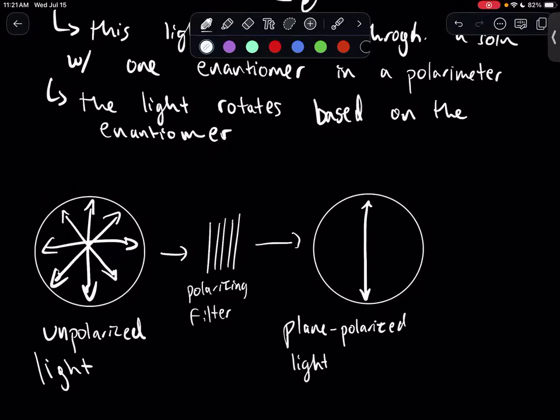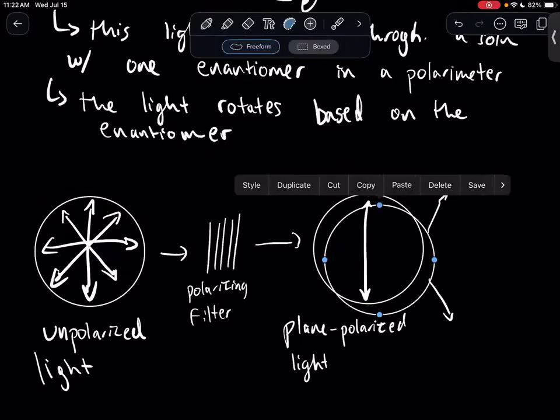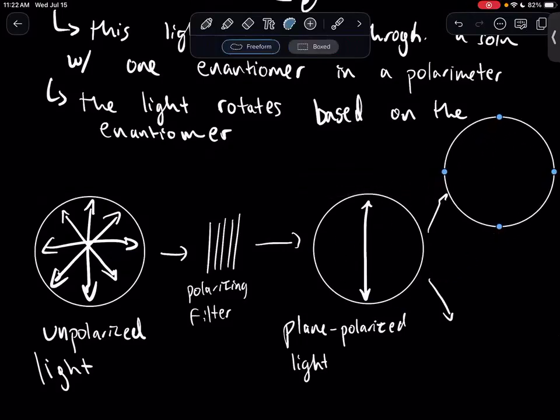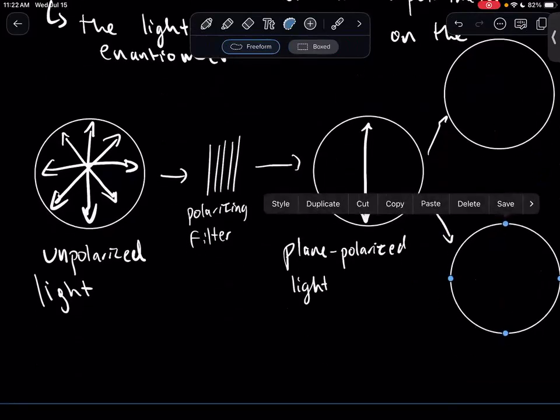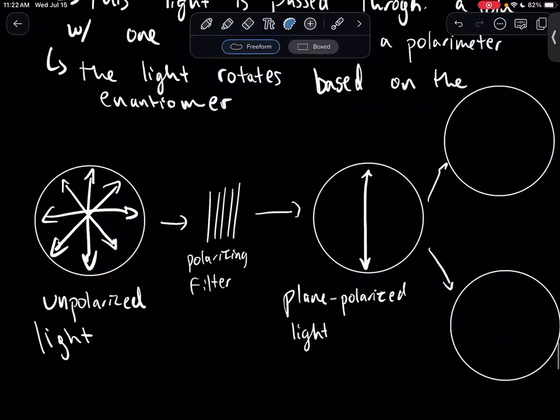Then passing it through our enantiomers, we get two options. The enantiomer will rotate this light in one of two directions.